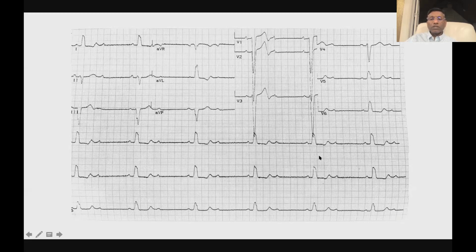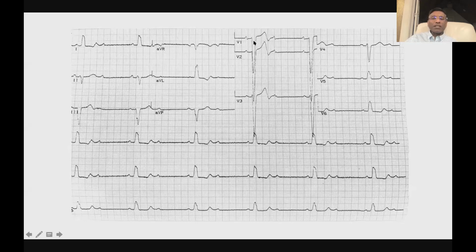So we would call this 2-to-1 conduction. Every other is conducting. What do I mean by 2-to-1 conduction? Look at the conducted beat, look at the number of P waves around it: this one conducts, this one blocks. That's 2-to-1 conduction.